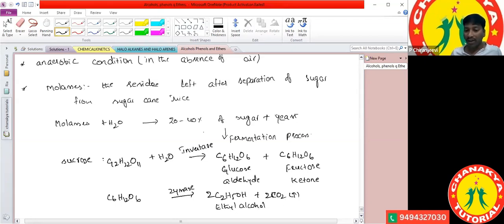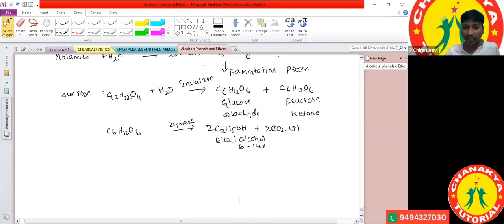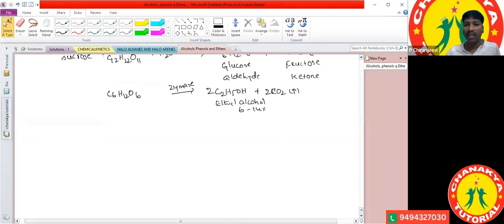The ethyl alcohol formed from the molasses contains 6 to 14% alcohol. How much alcohol percentage is there? It contains 6 to 14%.